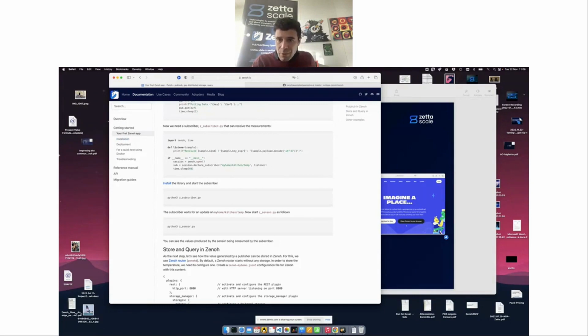Let me still browse through the questions. There is another question concerning the security model. In Zenoh, as of today, you have pluggable authentication, and off the shelf, you can authenticate through X509 certificate using TLS, or you can authenticate through user ID and password, or combine the two, and you can chain authentication.